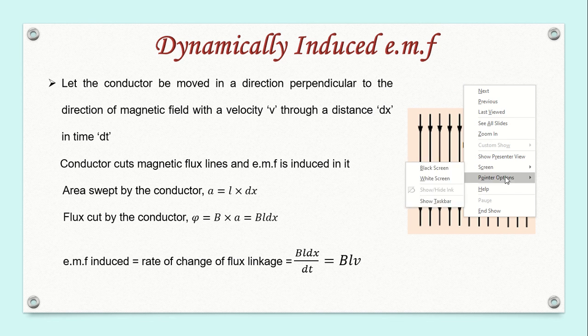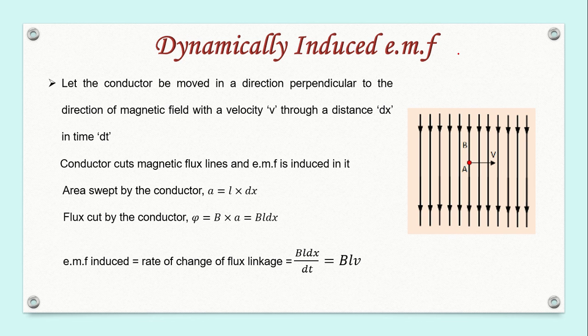Flux density is flux divided by area. Okay, we have flux density B is equal to phi divided by area. So flux will be equal to flux density into area. So we have the flux density as B Weber per meter square, and if we multiply it by the area covered by the conductor while it is moving, we will get the value of flux linking with the conductor.